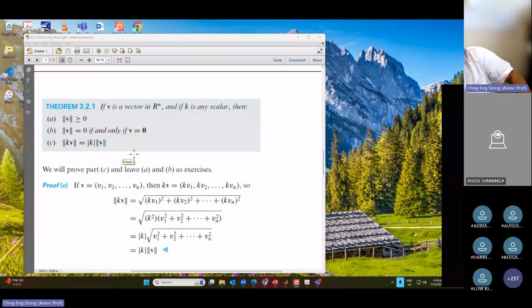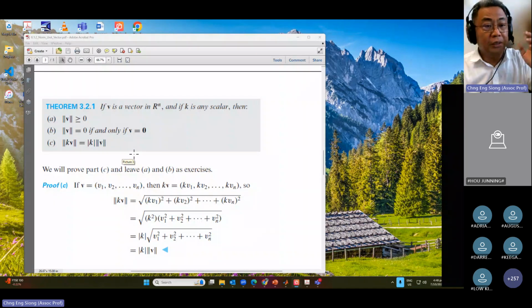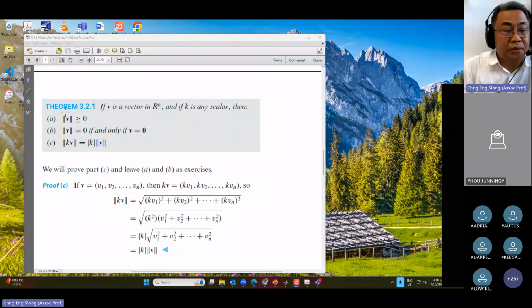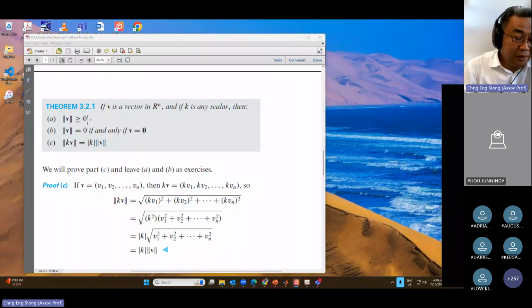So anytime we declare something to be a norm operation, it must eat up a vector, v, and it must spit out a scalar that is non-negative. And it can only be 0 if the vector being sent into this operation is a 0 vector.